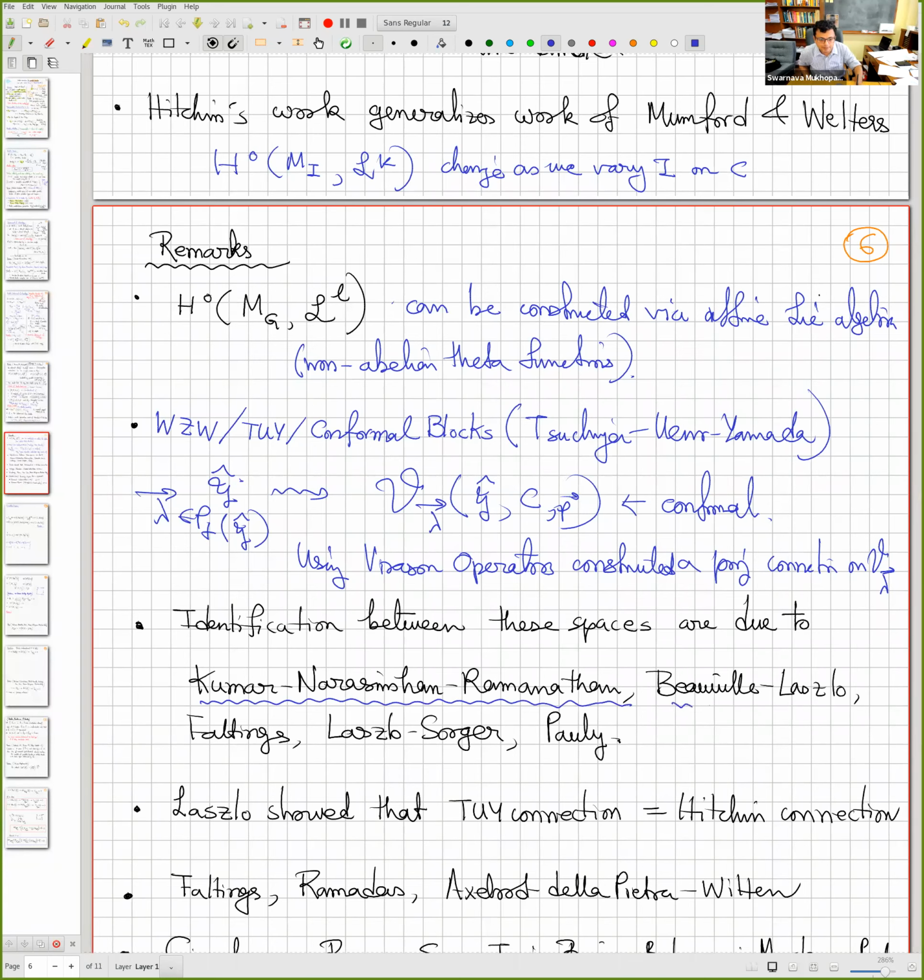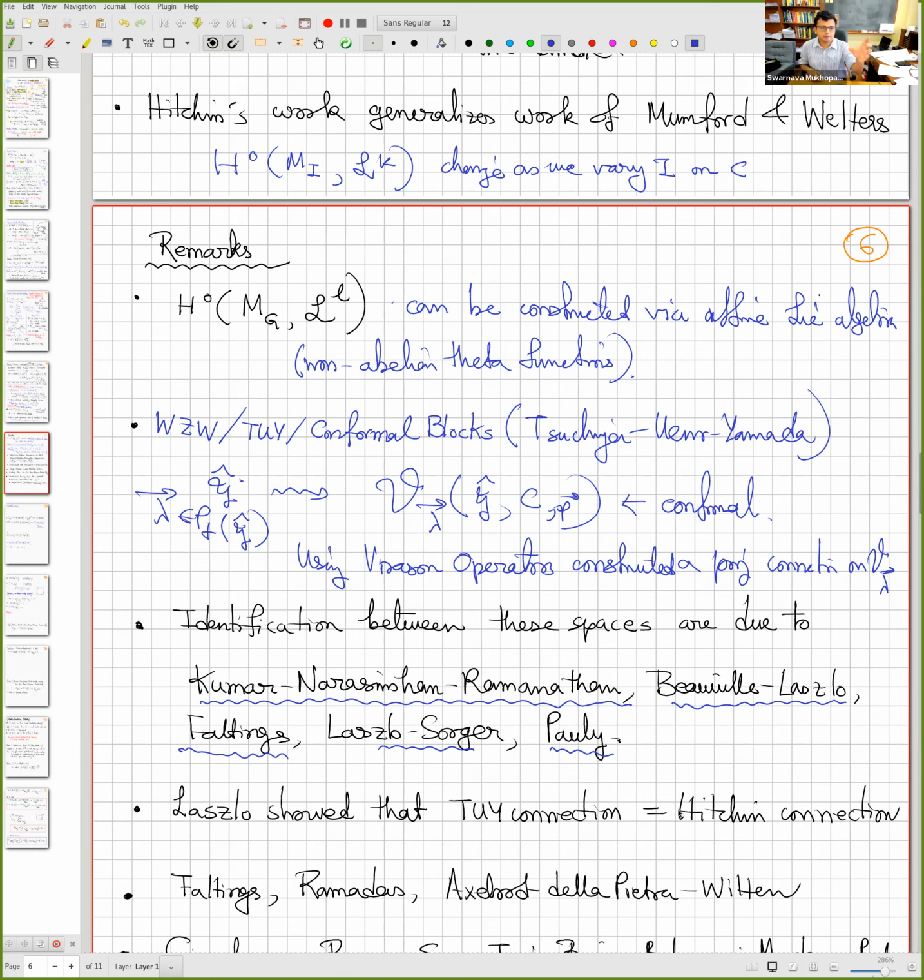Around the same time, there were papers by Beauville and Laszlo for G equal to SL_N, Laszlo and Sorger for the parabolic case, and Pauly for the parabolic SL_N case, and also by Faltings, who more or less gave a first proof of the Verlinde formula using this correspondence.